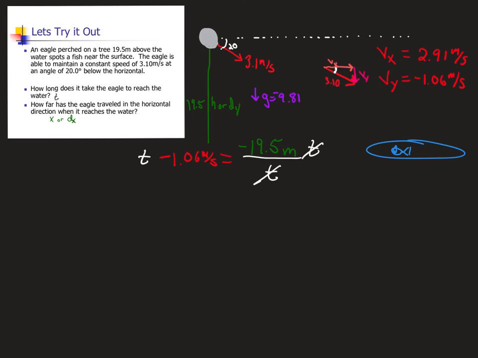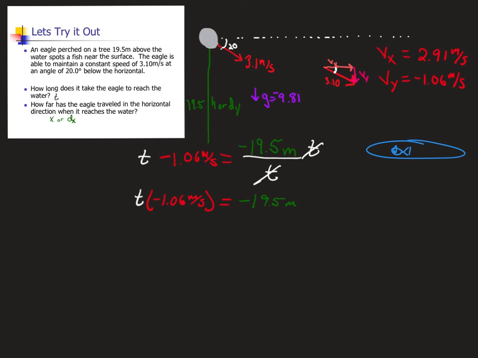So multiply that by a negative 1.06 meters per second is equal to now a negative 19.5 meters.